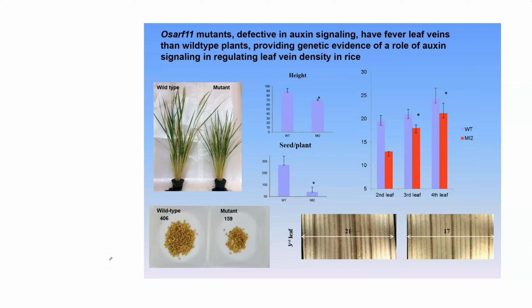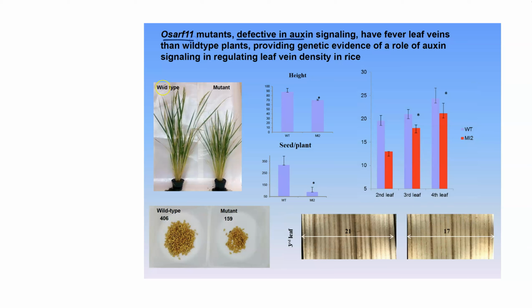And this is a little bit more of the work. This is actual rice in this case. So they've studied the same process in a number of different plants. This is not chemically inhibiting, but actually mutations that have defects in auxin signaling. Now these could be auxin transport, but they could also be the proteins that are required to respond to the auxin. So you might have plenty of the hormone about, but if you don't have the transcription factors that then respond to it, then again, you have a defect in the signaling.